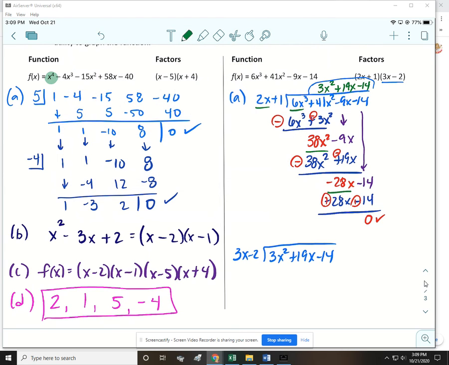Again, because a factor has a coefficient of 3, we can't do synthetic, we have to do long division.